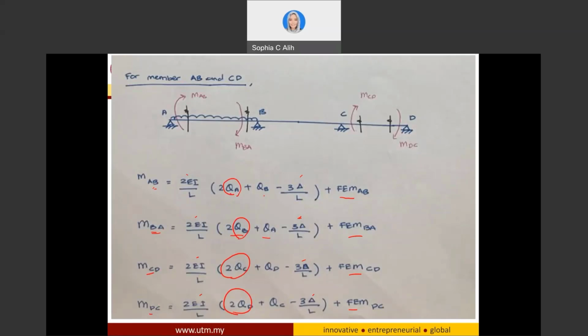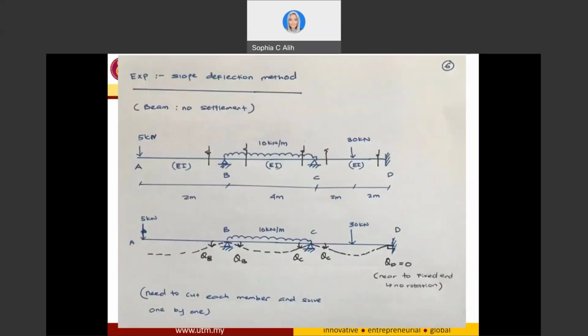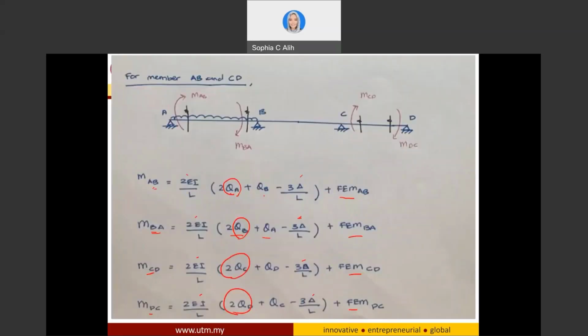Okay, now in order for you to understand better about the equation and how you're going to use it, because the only difference for the slope deflection method is this end moment equation. So this is the equation that you need to derive, and after you have derived this equation using the slope deflection method, then the remaining procedure is going to be similar to what you have already learned in your mechanics of materials.